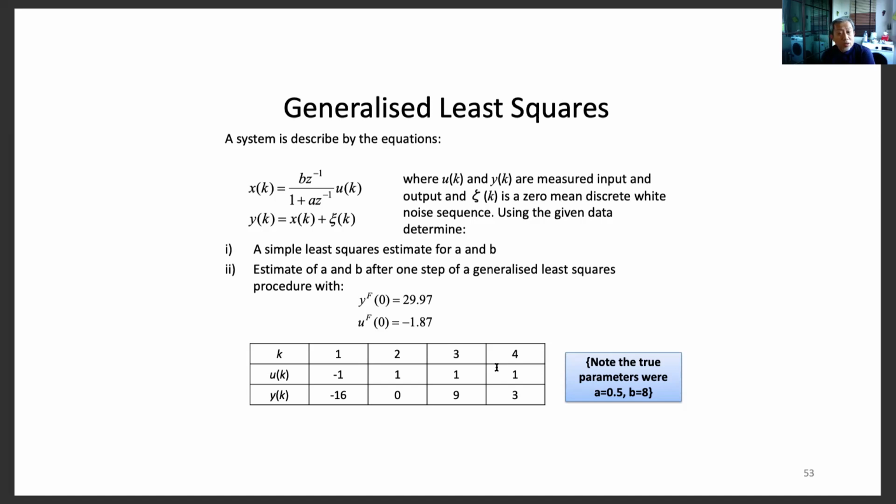We will do the least square estimate based on non-filtered data first, and then generate one step using generalized least square with the given initial filtered values. The true values are A equal to 0.5 and B equal to 8.